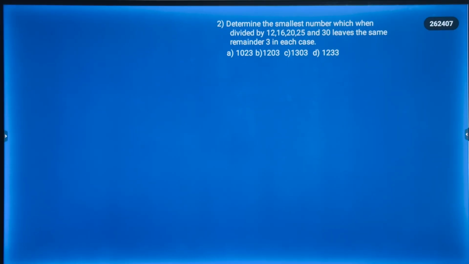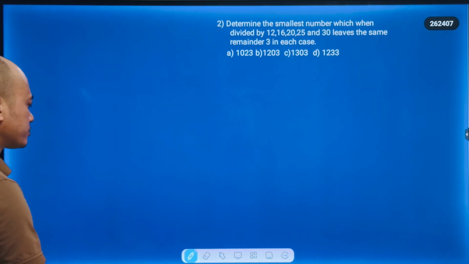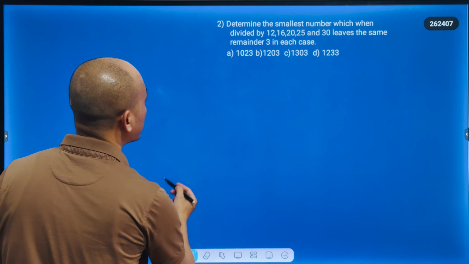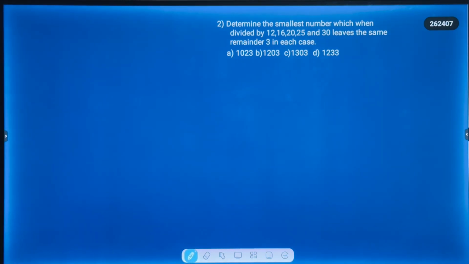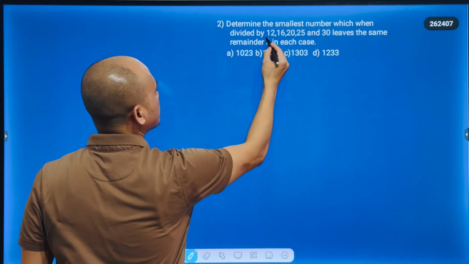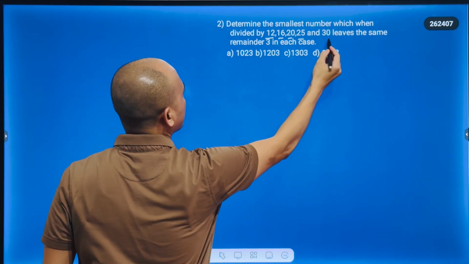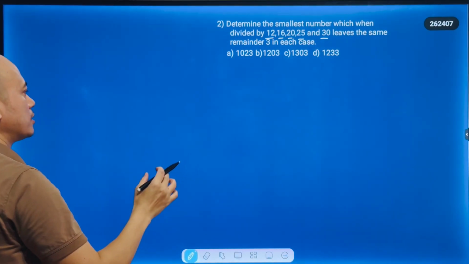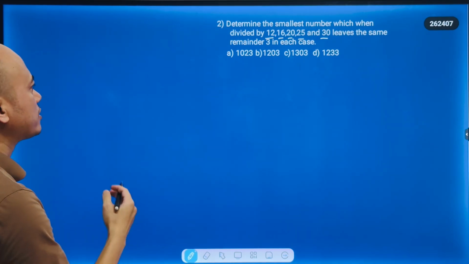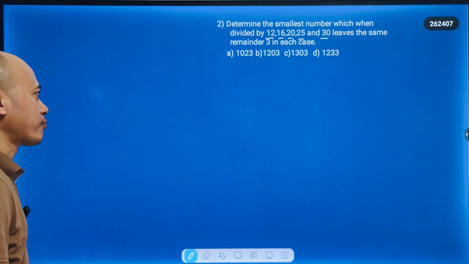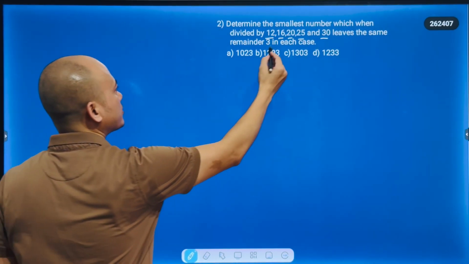Question number 2: determine the smallest number which when divided by 12, 16, 20, 25 and 30 leaves the same remainder 3 in each case. It is asking for a number which we divide by 12, 16, 20, 25 and 30, a common number, and the remainder should be 3. It is clearly written: determine the smallest number.